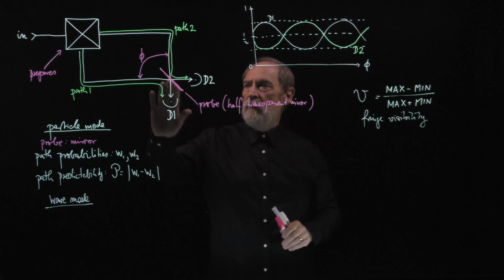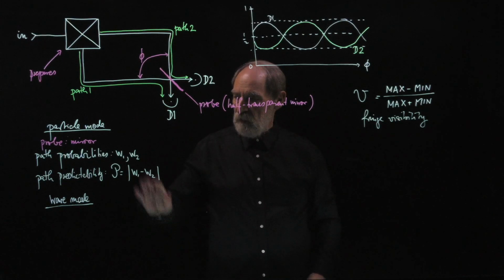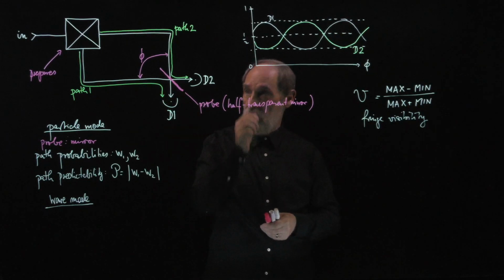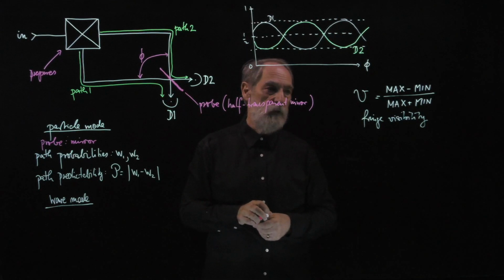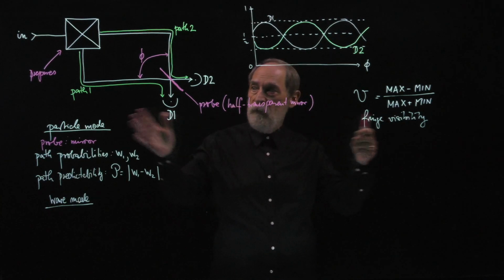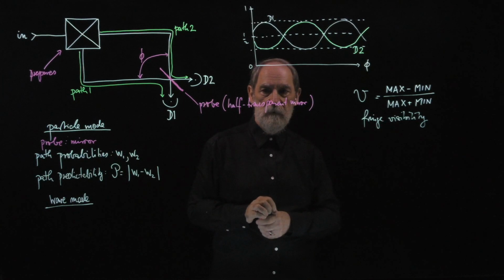So we operate the interferometer in this wave mode, and we see an interference pattern. For that we need a relative phase between the paths that we can adjust, and that's what we get by operating the interferometer in this way.